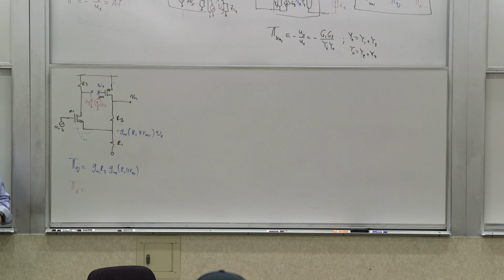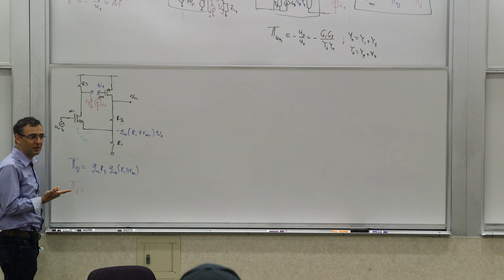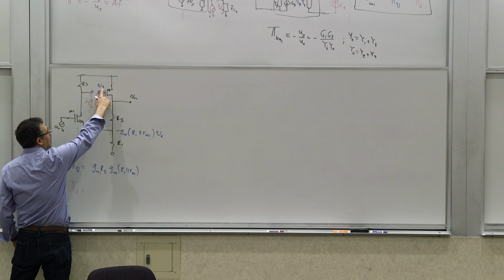If I put a current Ix into the gate of a MOSFET at low frequencies, what am I going to get? What's the impedance of the gate? Infinity at low frequencies, right? So Ix going into infinity, what voltage would it generate? Infinity, right? So current into an infinite impedance would produce an infinity.